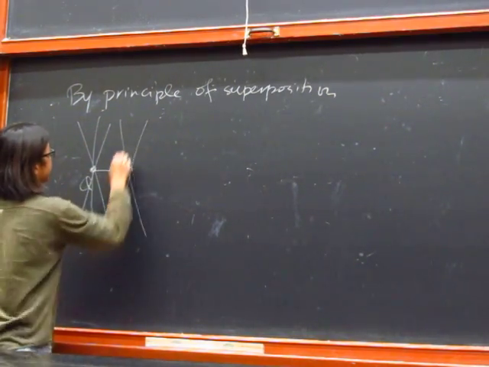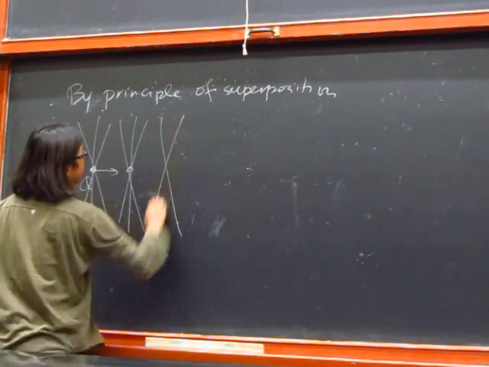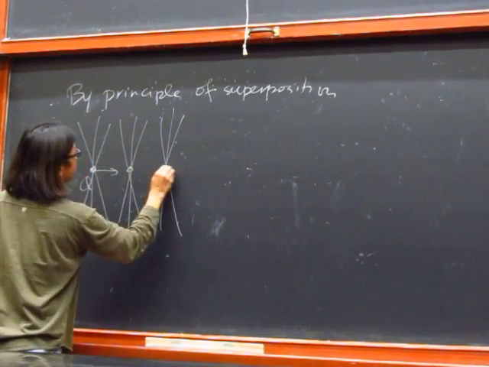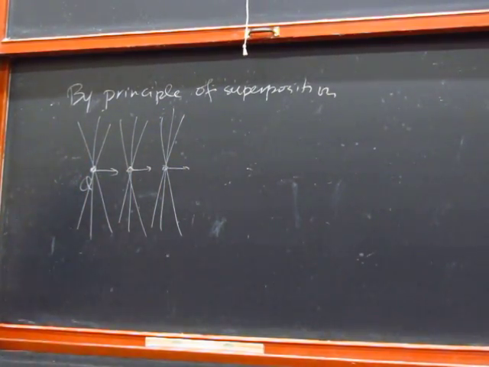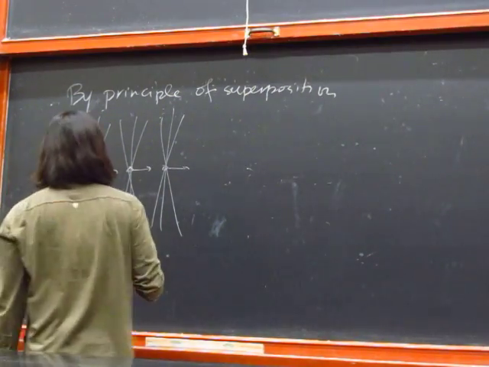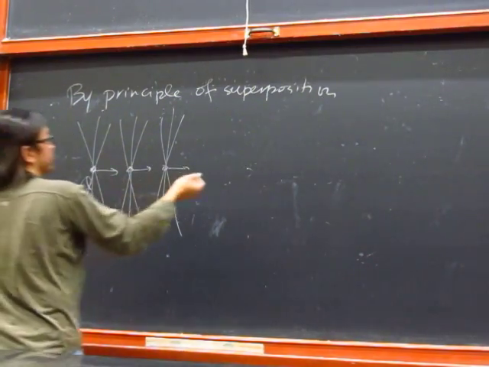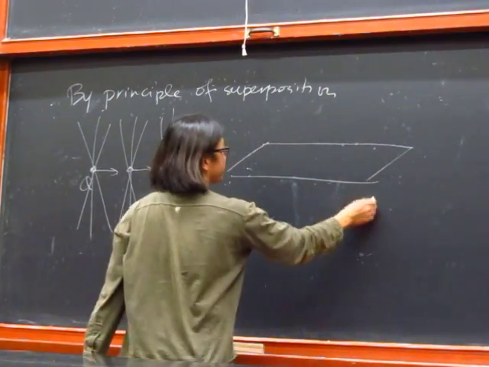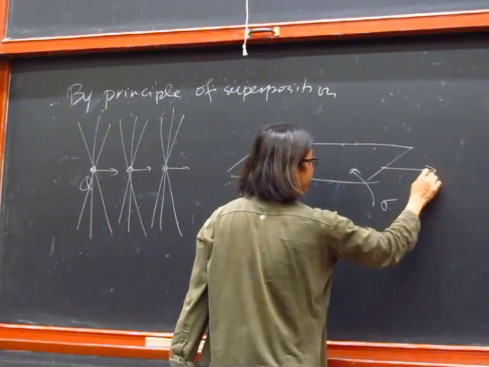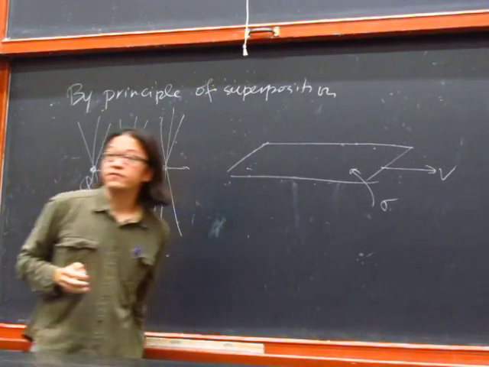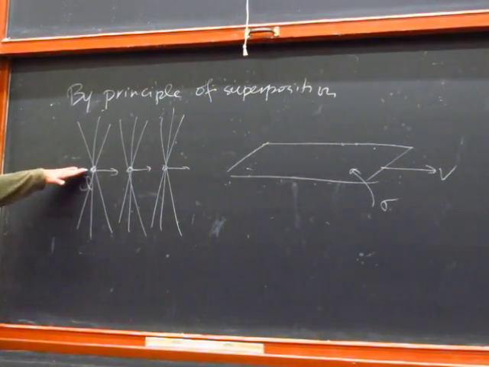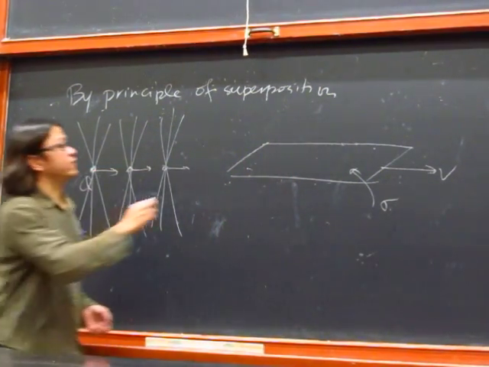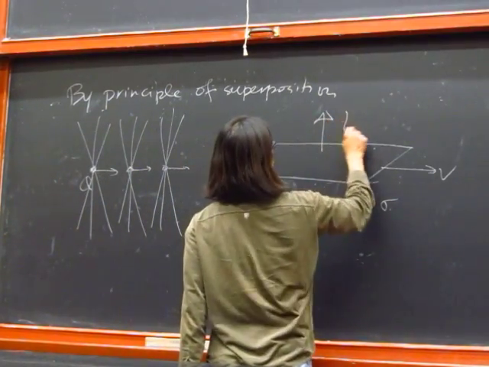If I have many of them, then as usual the field adds, right? So I can construct, say, a sheet, okay, of charge density sigma moving in that direction with some velocity v, right? And if you sum all this field, you'll see that the field here is normal.